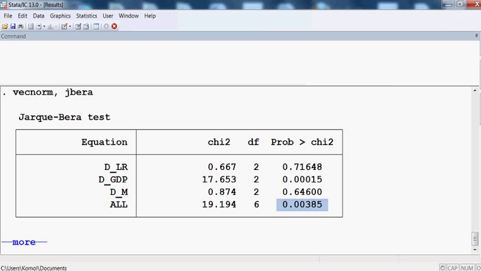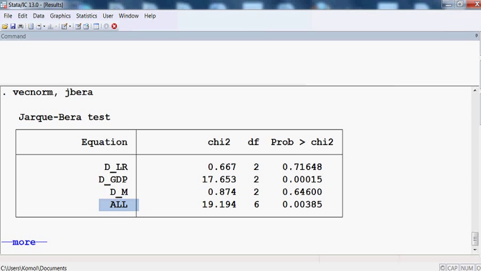But actually we are talking about DLR, that is our target model, and here the residuals are normally distributed, so we can accept the result somehow, right? Although as a whole residuals are not normally distributed.